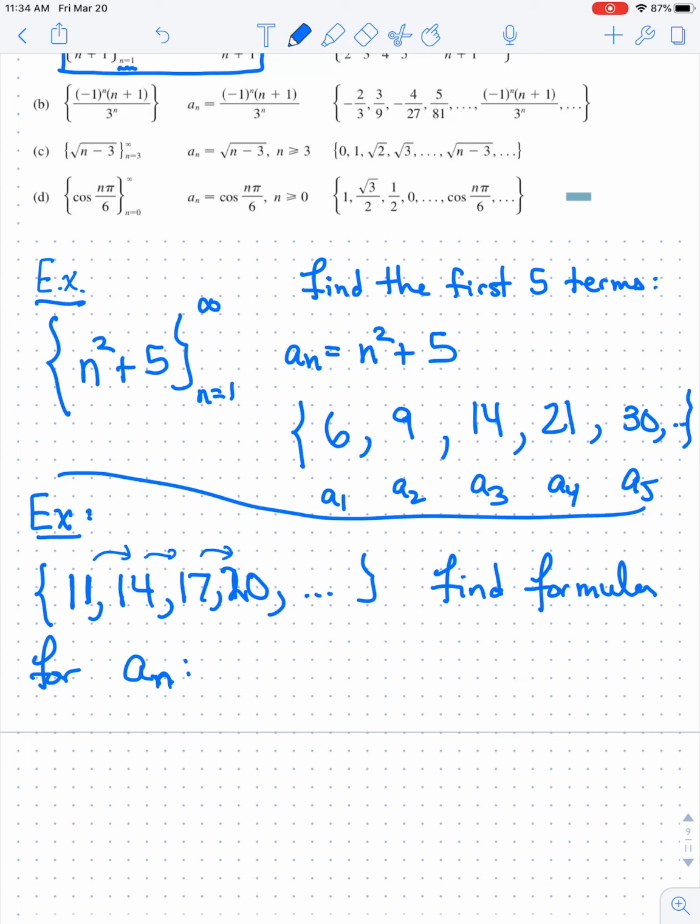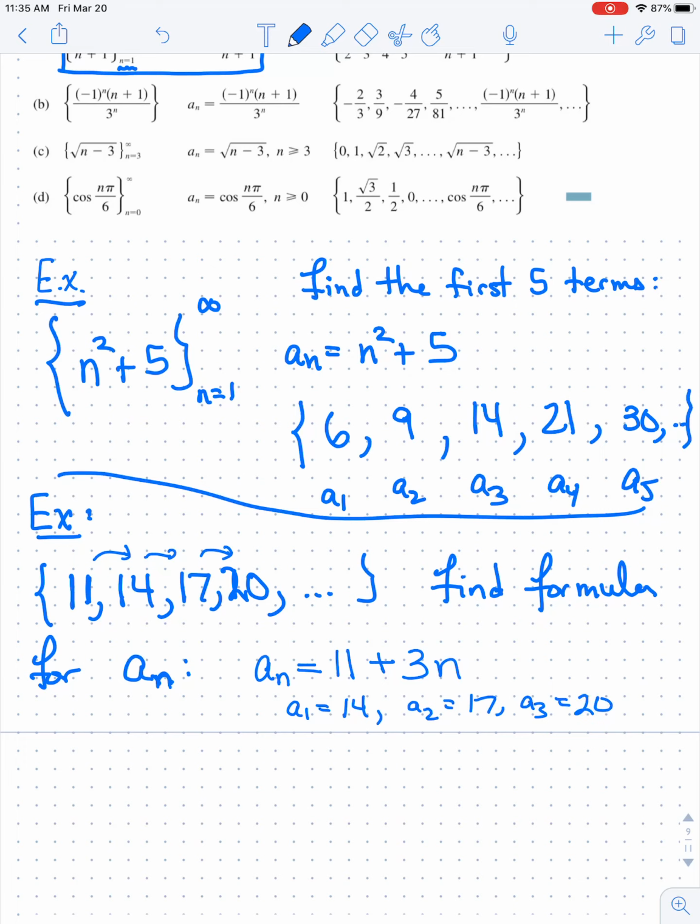If I want the nth term, then I should just do 11, and then add a bunch of 3's. So let's try 11 plus 3n and see what happens. If I check it, it would say a1 is equal to 14, a2 is equal to 17, a3 is equal to 20. And that's not quite right.